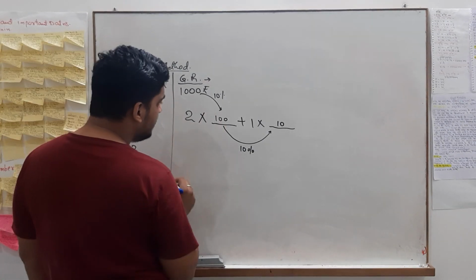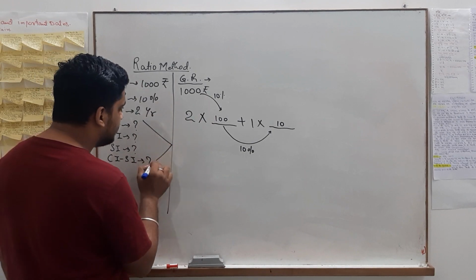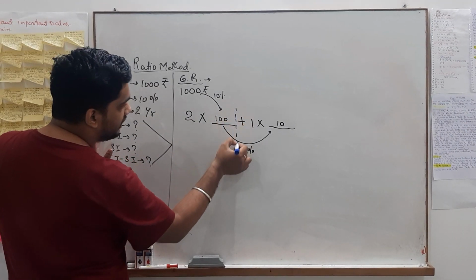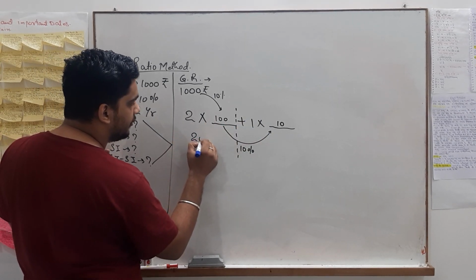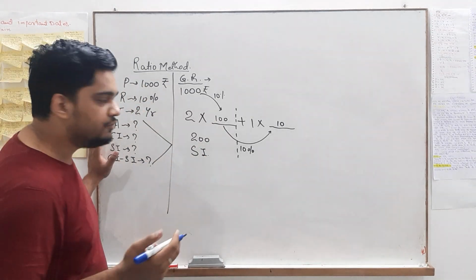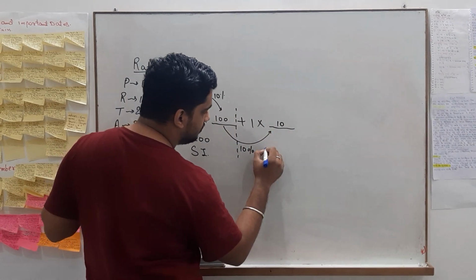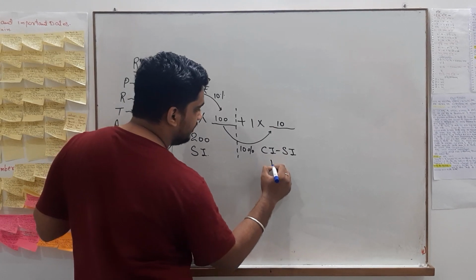So now in this one single line we will be able to answer all these 4 questions. The first part of this equation is 200, so this will be the SI, right? After this part it is CI minus SI, which is 10.